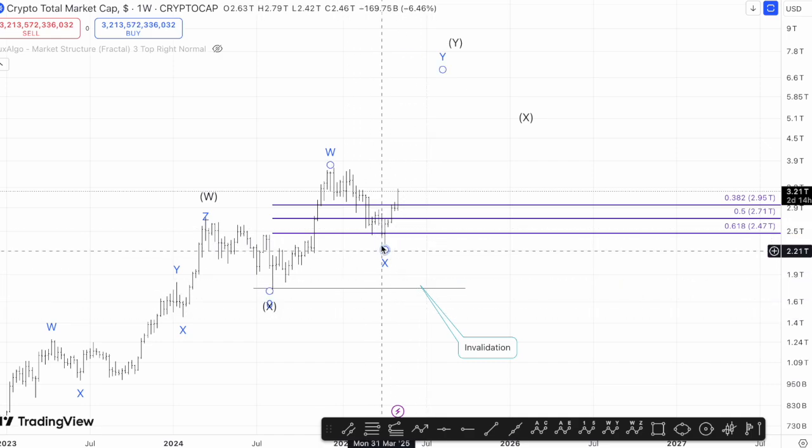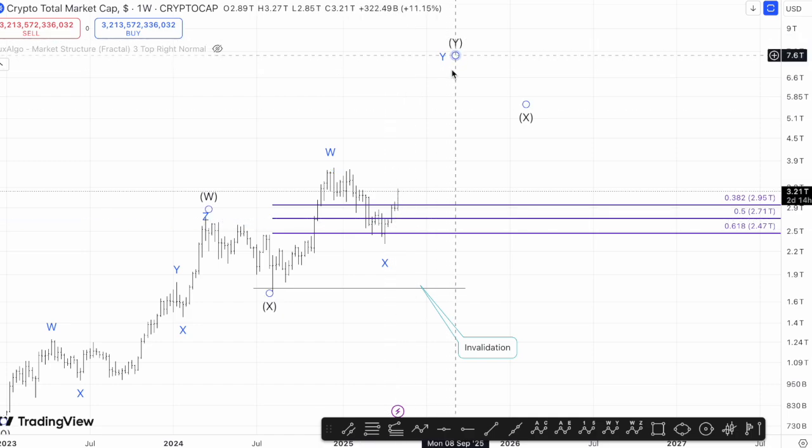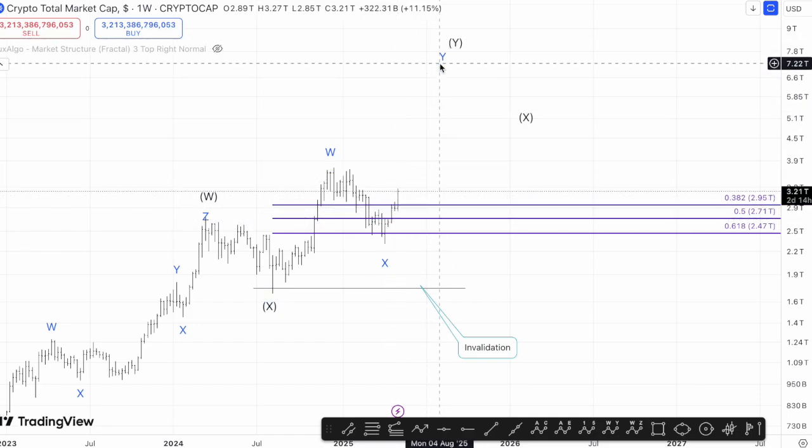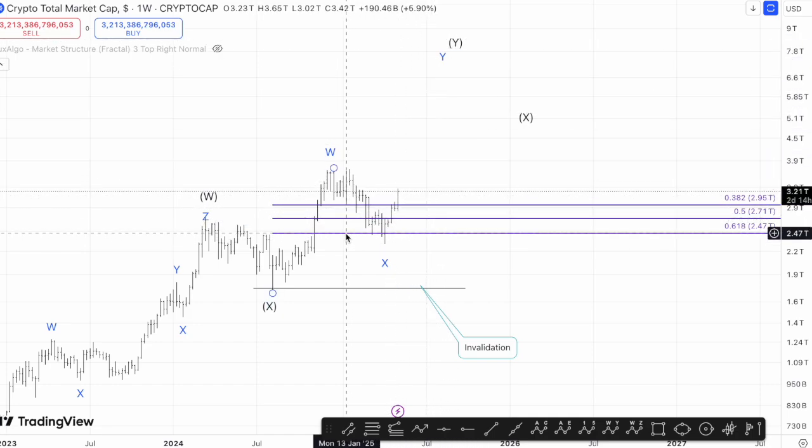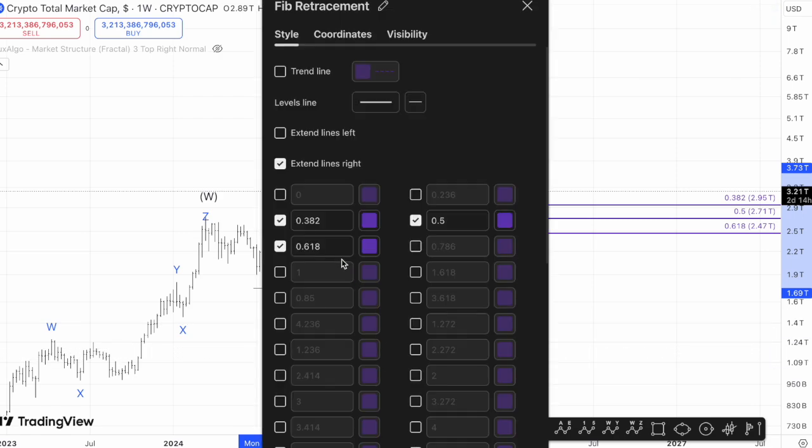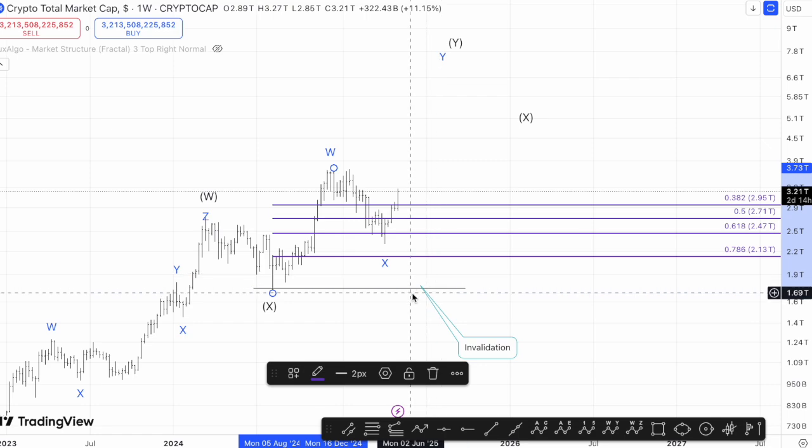And for the bullish case, which implies that we're going for a blue Y, let's call this the invalidation level.